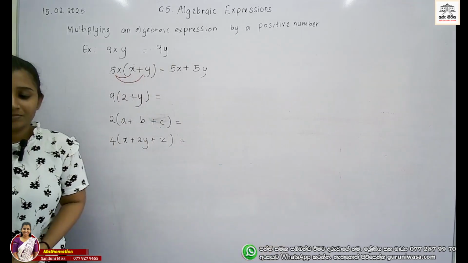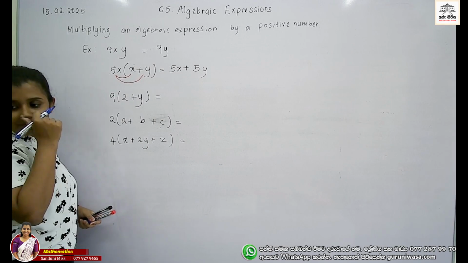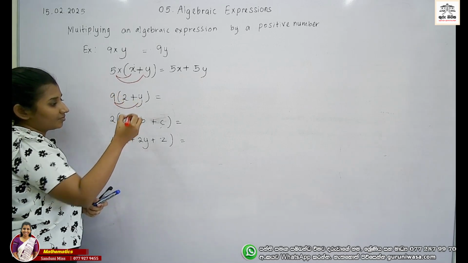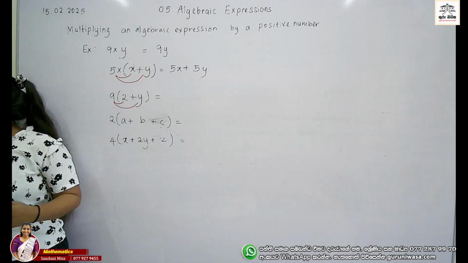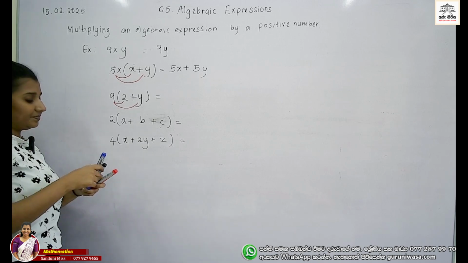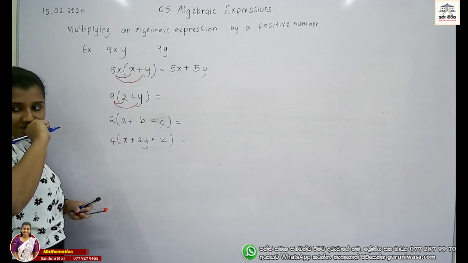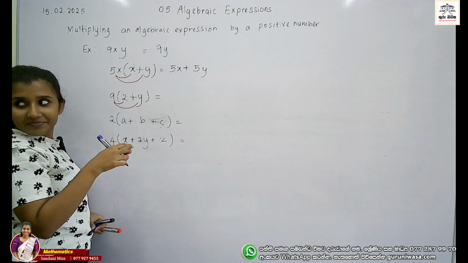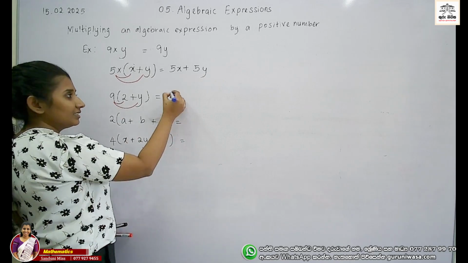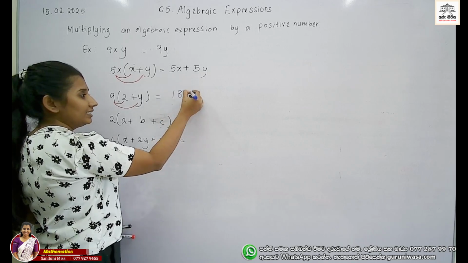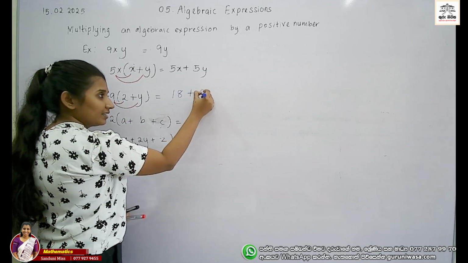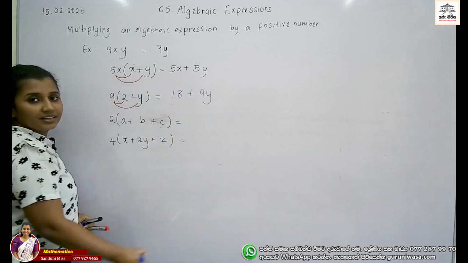Right, so what is the answer to the third one? 9 times 2 is 18, plus 9 times y is 9y.